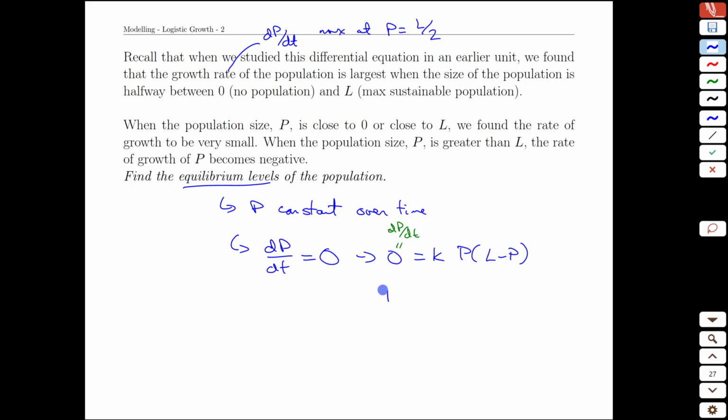That leads immediately to P equals 0, or if we look at this expression, P equals L; both are equilibria. And again, those are entirely reasonable. If we start with zero population, the population stays at zero forever. And if the population starts at the carrying capacity, it also stays there forever. That's our informal definition of the carrying capacity, a population that can be sustained indefinitely.